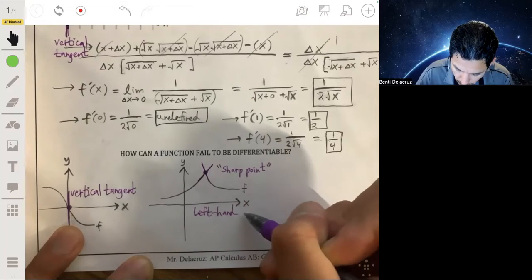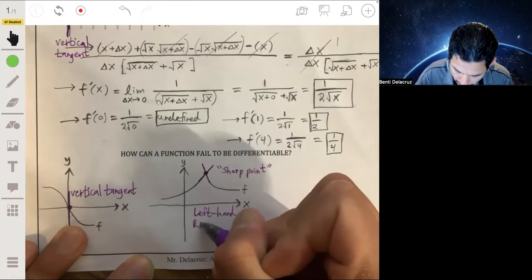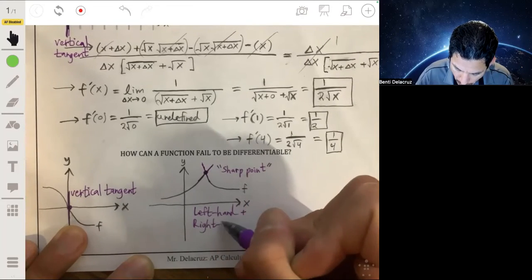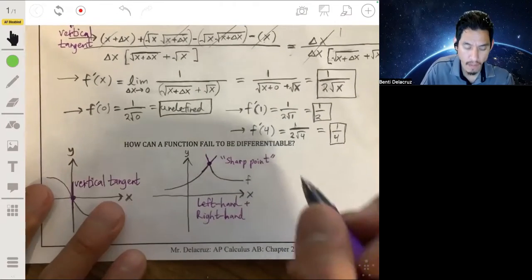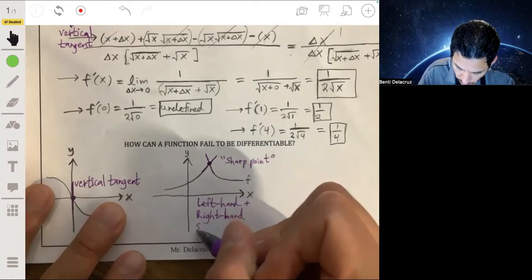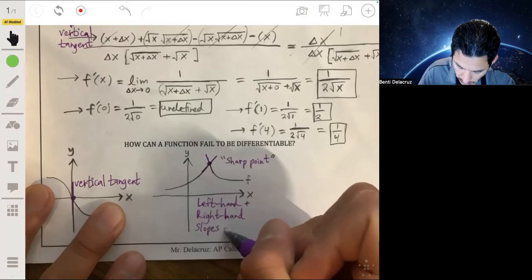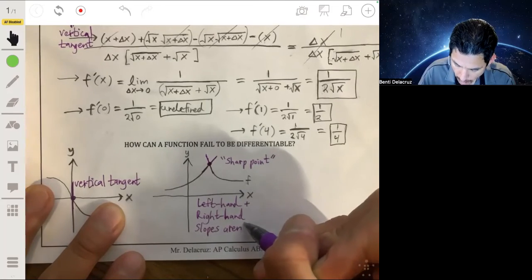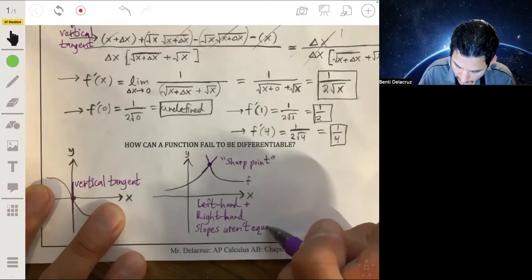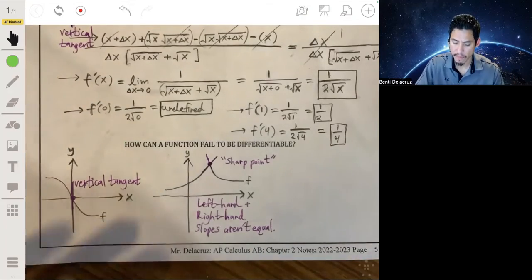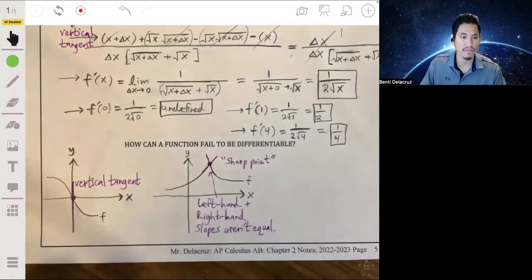So left hand and right hand slopes aren't equal.